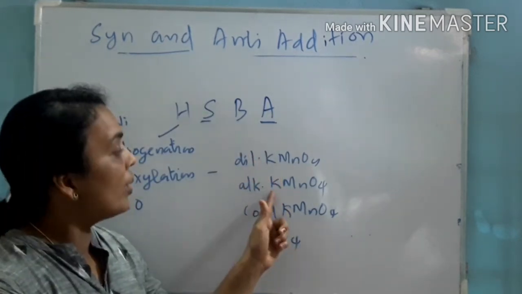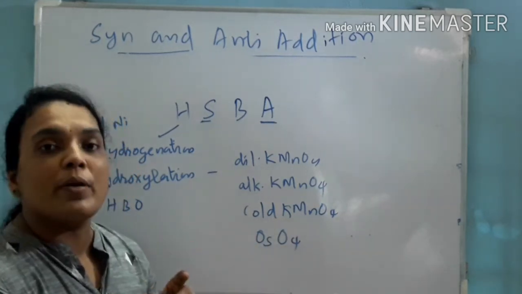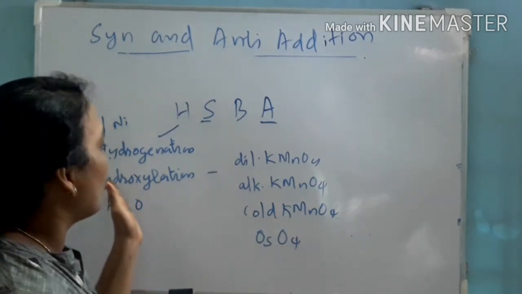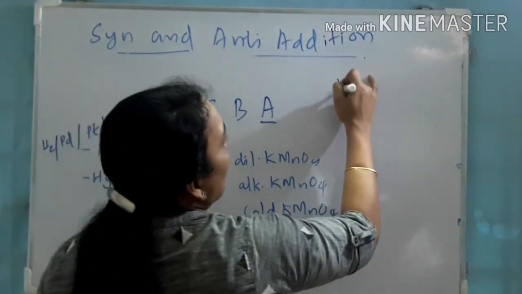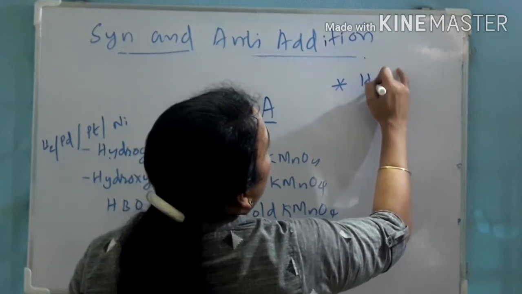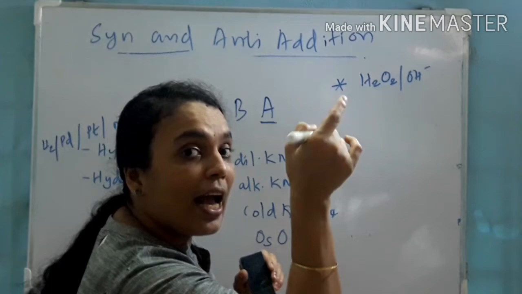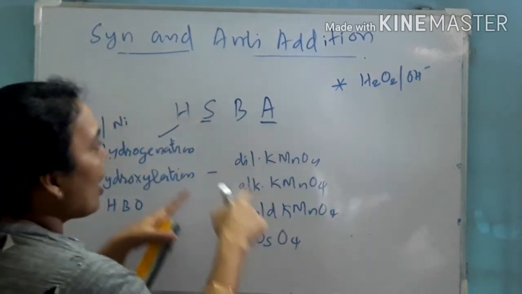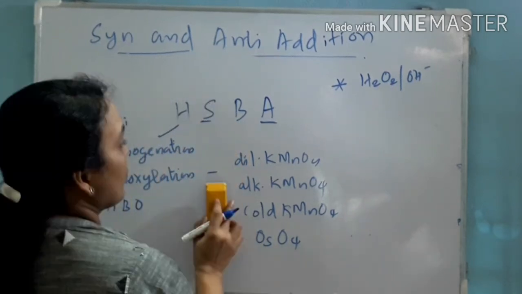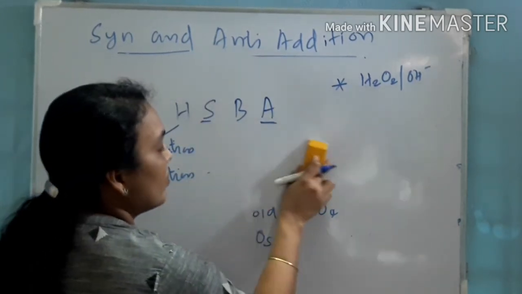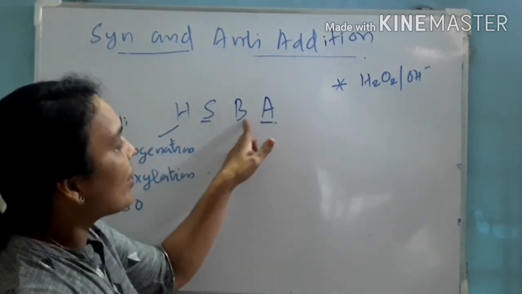These undergo hydroxylation through syn addition. But remember, hydroxylation by using hydrogen peroxide, in presence of peroxide, is an anti-addition. So these all undergo syn addition. This is an anti-addition. Got it? Okay.